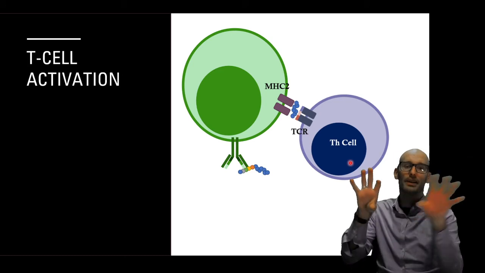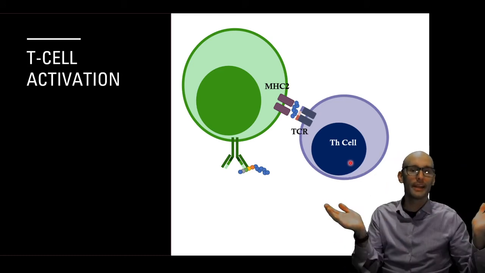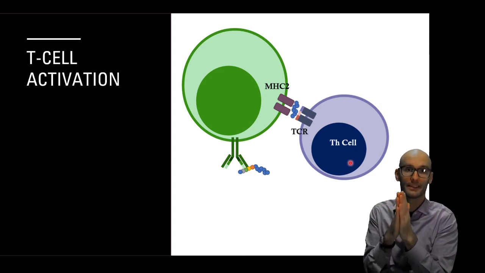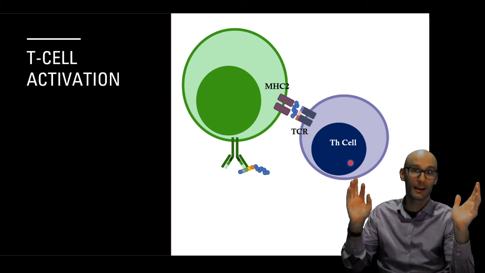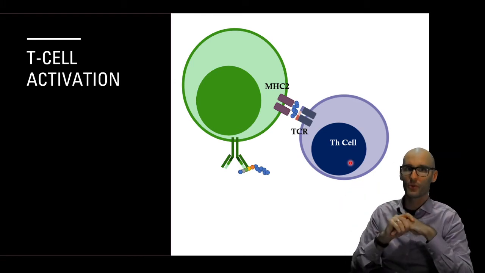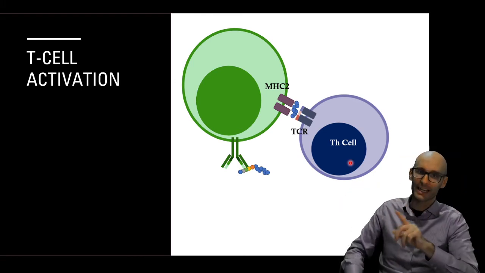So the T cell receptor here is completely unique to this T cell, and it stumbles along. So multiple T cells might come along and go, no, I don't recognize the antigen that you're presenting on this MHC2 molecule, and nothing will happen. But eventually it will find that one T cell that goes, hang on a minute, I recognize this.